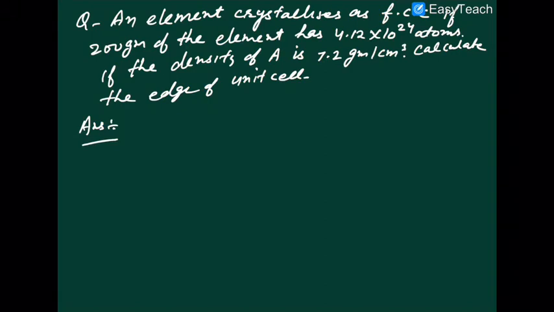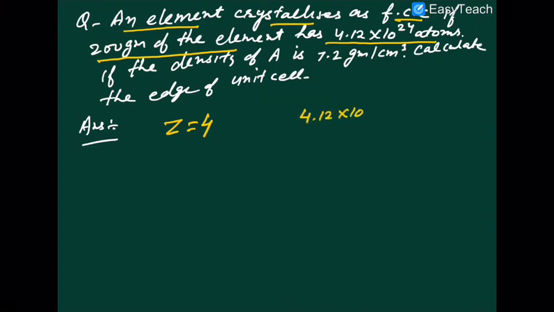Now look at that very interesting question. The question is that an element crystallizes as FCC. So Z is 4. If 200 gram of the element has 4.12 into 10 to power 4 atoms, it means 4.12 into 10 to power 4 atoms equal 200 gram, then Avogadro number of atoms will be how much?